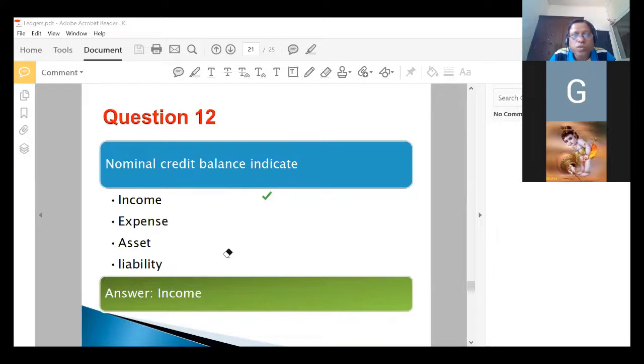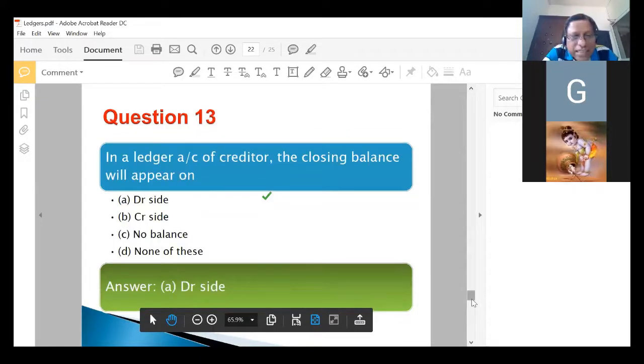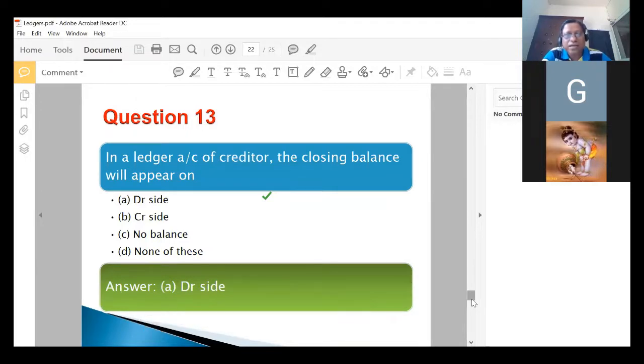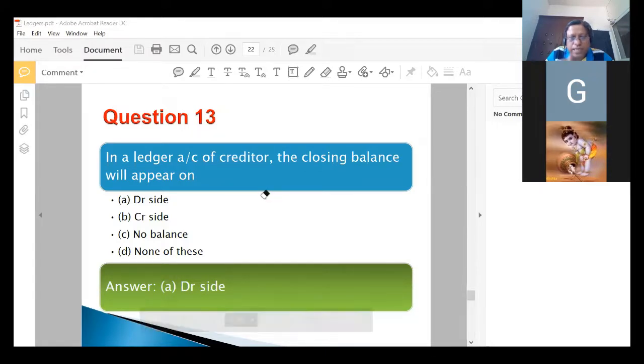So we are moving to the next question. In the ledger account of a creditor, the closing balance will appear on the debit side. Why? The reason is the creditor, he has to pay.